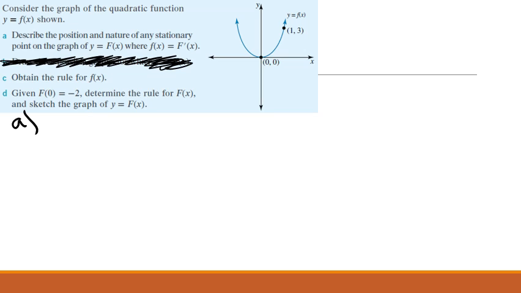What's the stationary point on this? 0. Because this is the y equals f of x. 0, 0. So f dashed of 0 is equal to 0. And anything else? Oops, that's actually wrong.